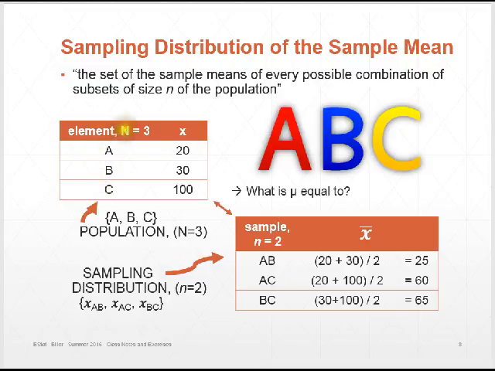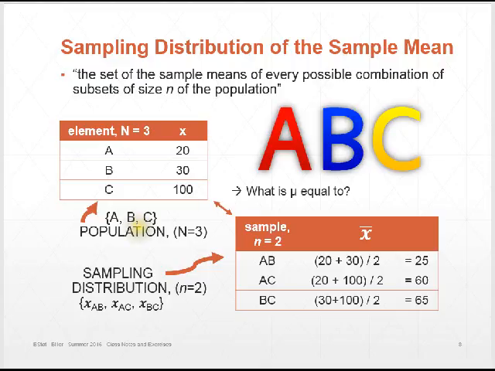The capital N, population count, is equal to 3, and each element has one variable or x value, which contains a number. We'll just think of this as an abstract number here. The element A has a value of 20, the element B has a value of 30, and C 100. So in summary so far, our population consists of 3 elements, and each element has a corresponding value.